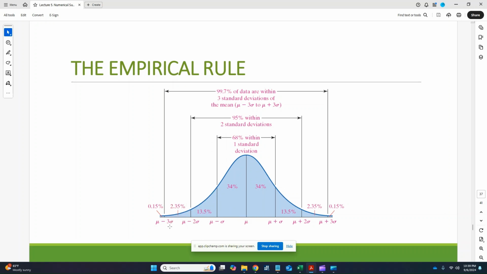And if you multiply the standard deviation by 3 and add and subtract from the mean, then those two numbers usually cover 99.7% of the data variation.